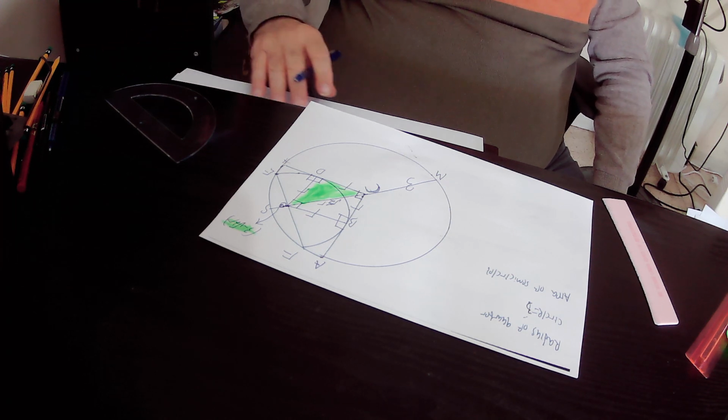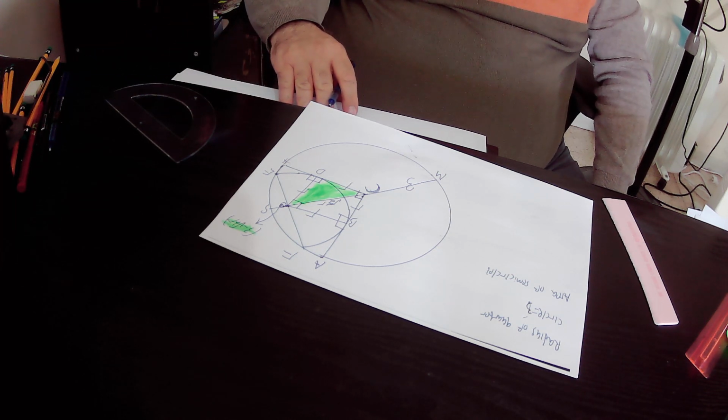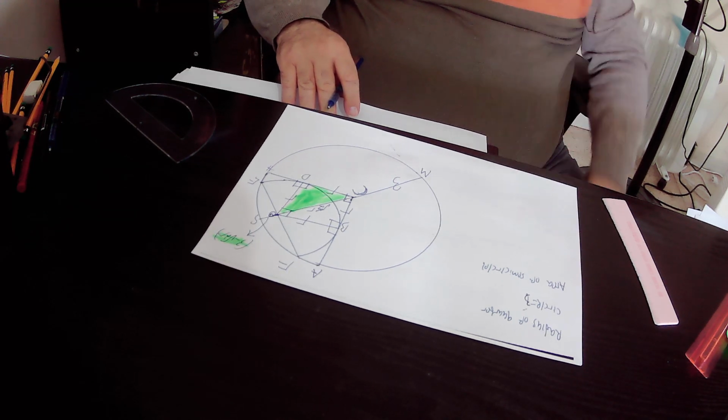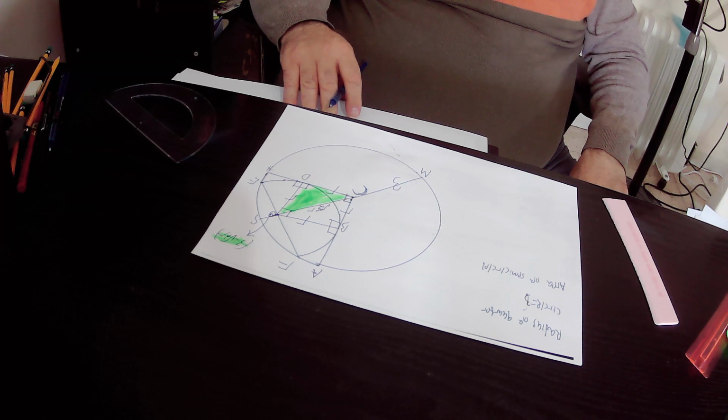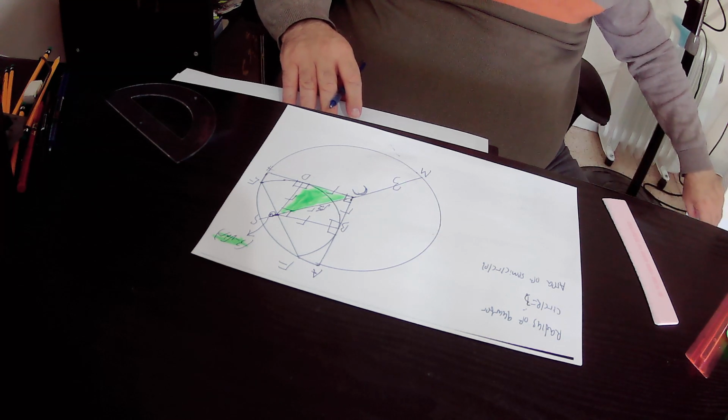In the next step, I will present to you a new rule that is related to two chords that intersect with each other inside a circle.